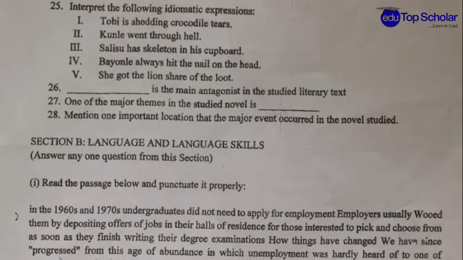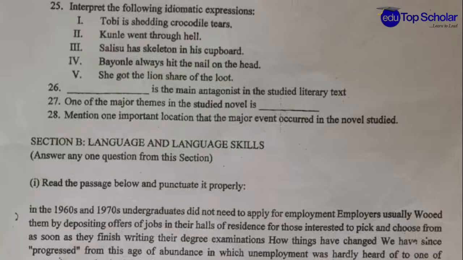Then number 4, Bayonle always hits the nail on the head. When somebody always tells the truth, that person always hits the nail on the head. So to say the truth is to hit the nail on the head.